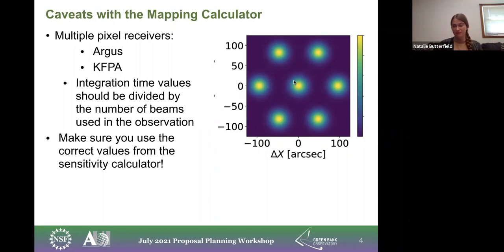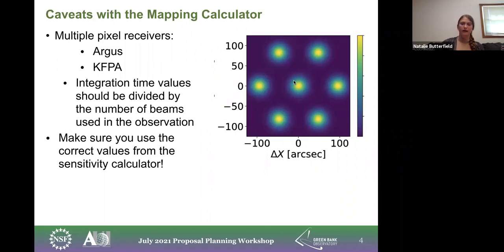So for KFPA, you would want to divide your integration time by 7 in this case, whereas Argus, since it's a 16 pixel receiver, if you're mapping a region that's larger than the Argus footprint, or at least 2 times the Argus footprint, then you would want to make sure that you divide the effective integration time, or the integration times that you're including in the mapping calculator, by 16.